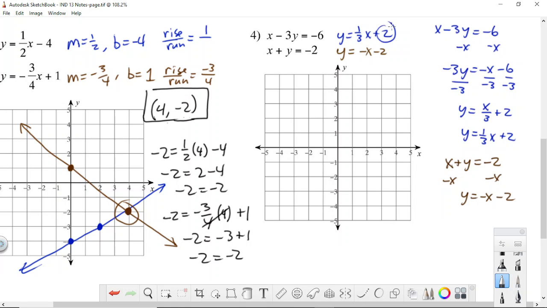The intercept is positive 2. To get another point, we'll use the slope, which is 1/3. And so rise of 1, run of 3 gets us to right there. We've got our 2 points. We make our line.